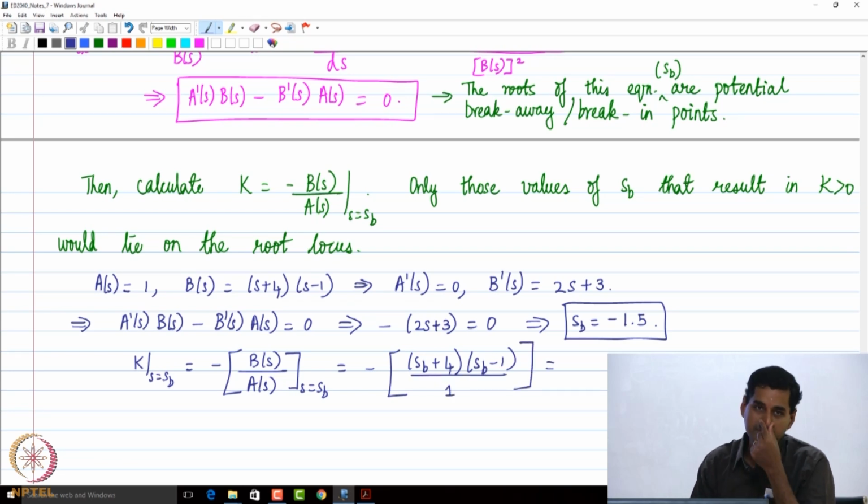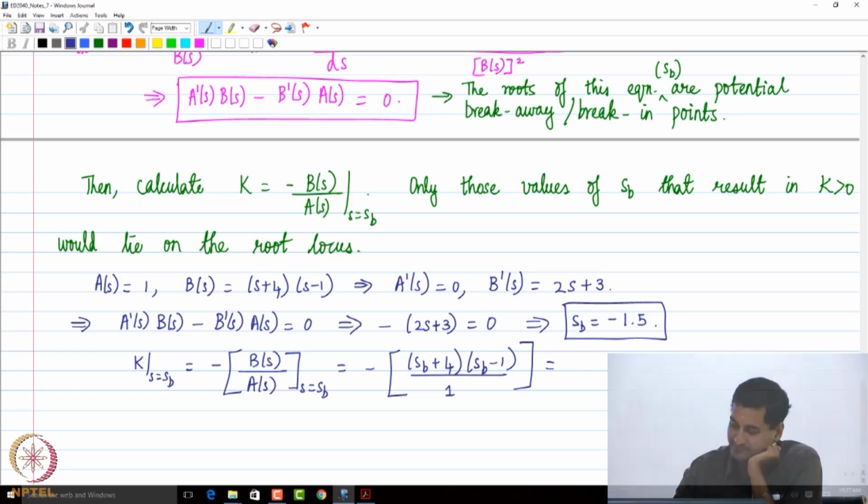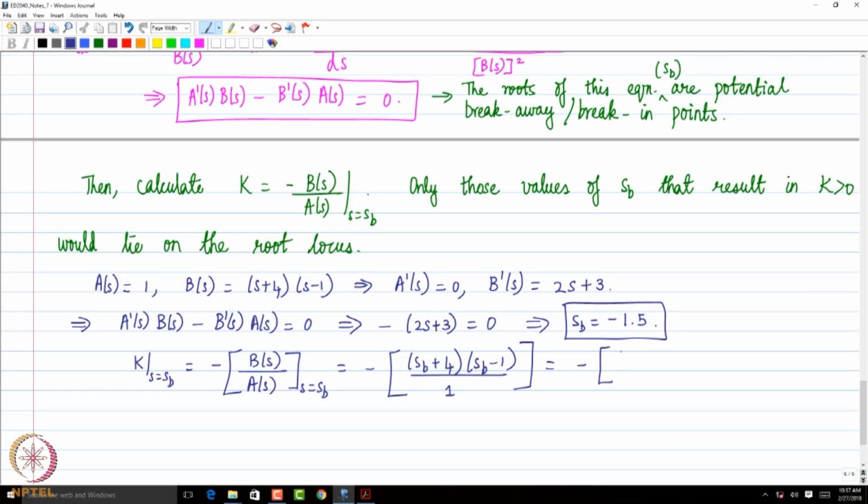So, what do you get when you substitute minus 1.5 for s_B? You will get 4 minus 1.5, which is going to be 2.5, in the first bracket, and then minus 1.5 minus 1 is going to be minus 2.5.